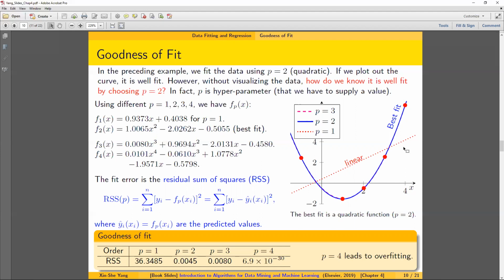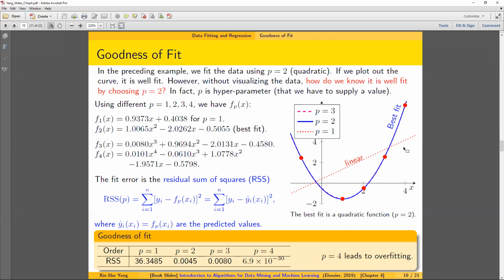If hyperparameter is new to you, it is a parameter that you can adjust so that you can pick the best of all the models that can potentially fit. That's called a hyperparameter.